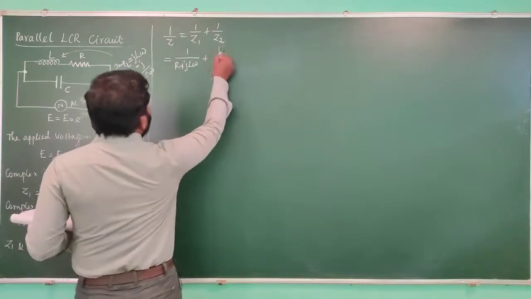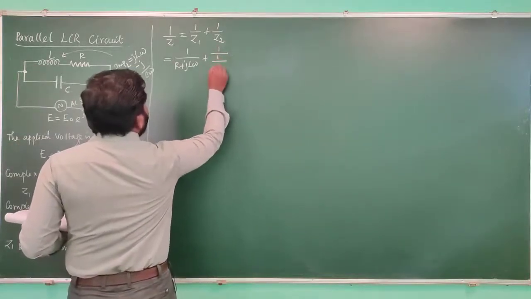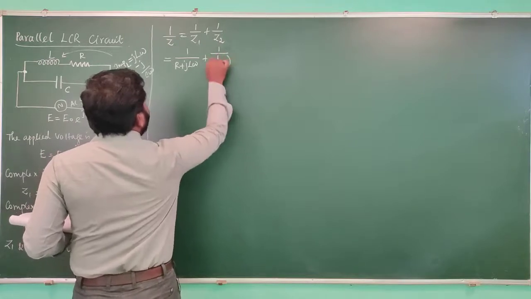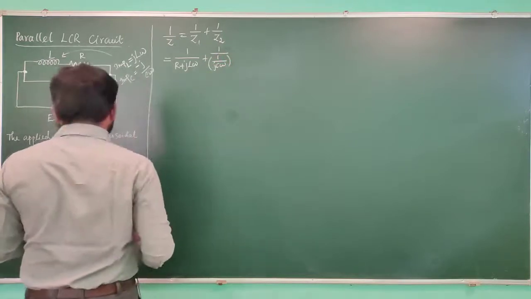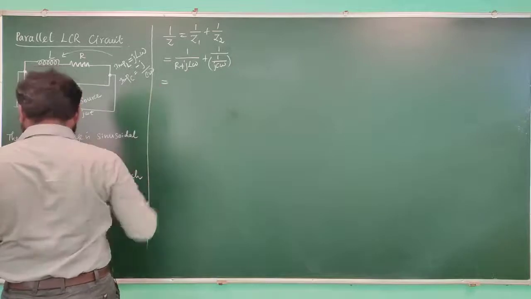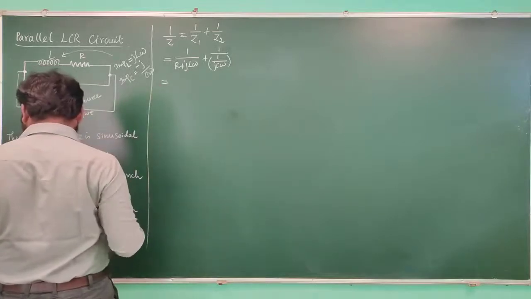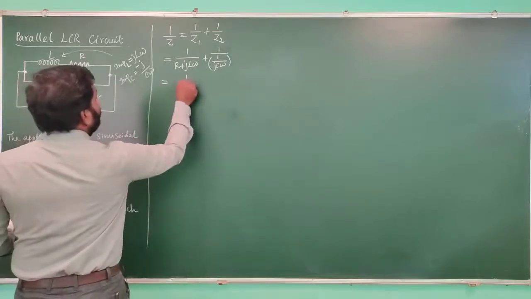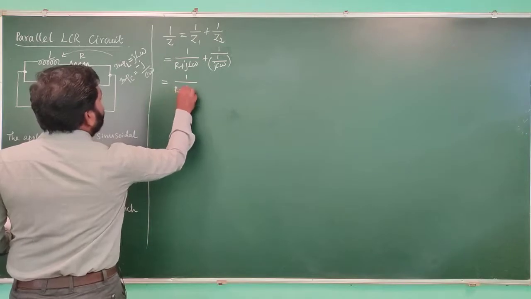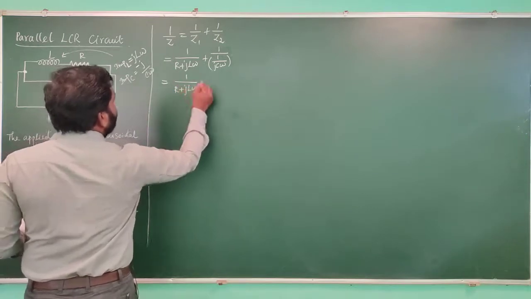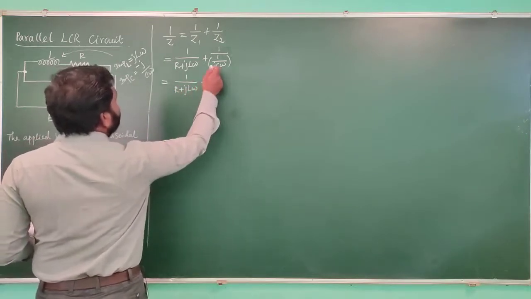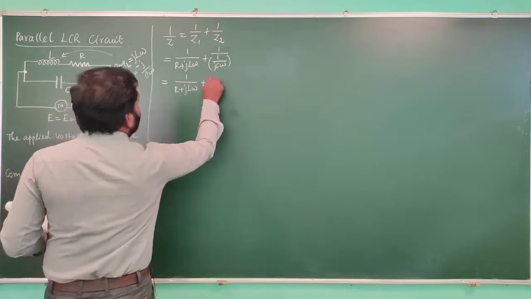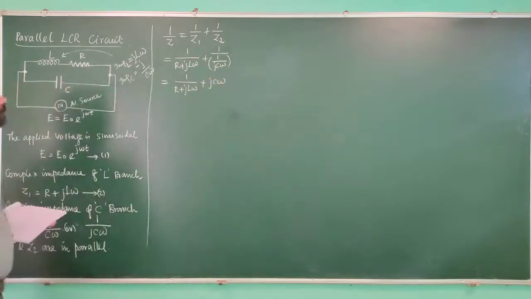Now 1 divided by 1 by j C omega, so this becomes 1 by R plus j L omega plus j C omega.